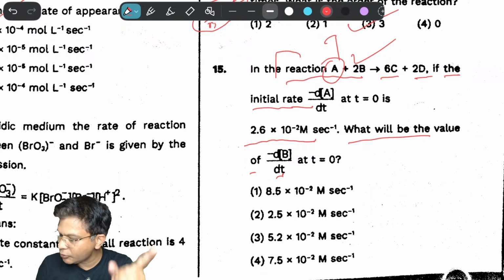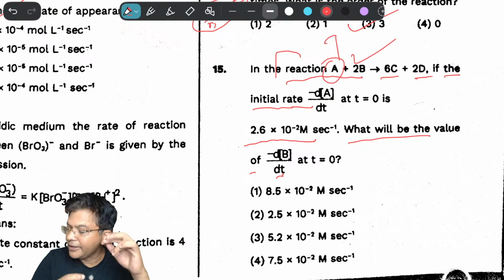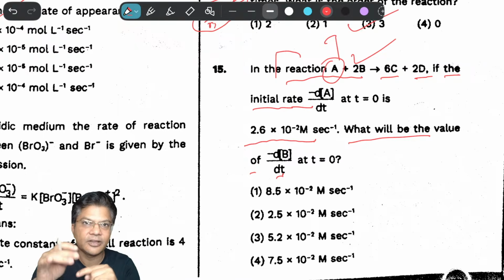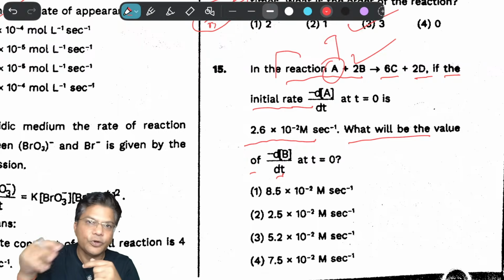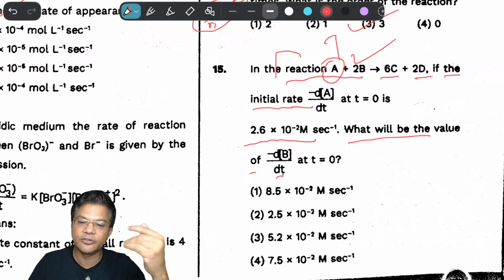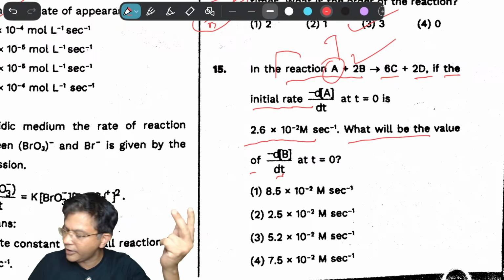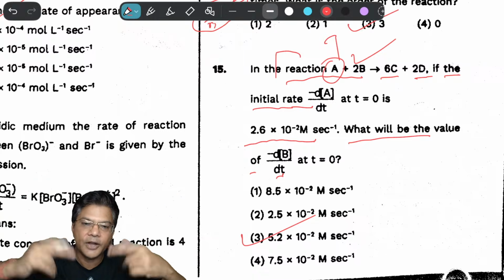When A is 26 into 10 to the power minus 3, then B will be double of 26, 52 into 10 to the power minus 3. Am I right? Simple question. You can write 52 into 10 to the power minus 3 or 5.2 into 10 to the power minus 2. Are you getting my point?